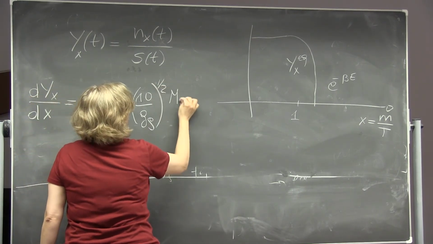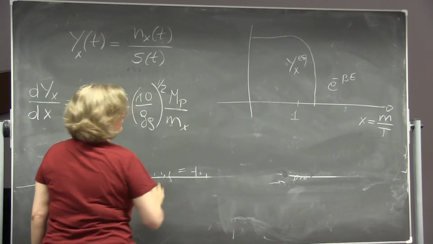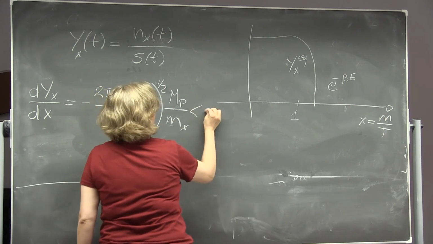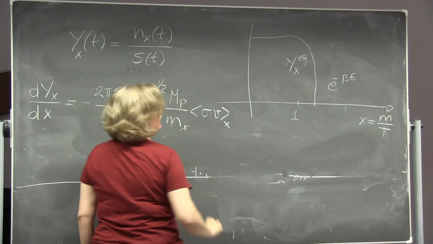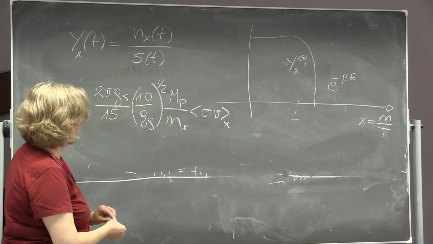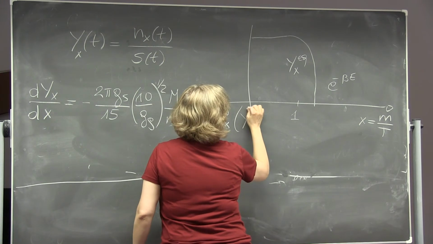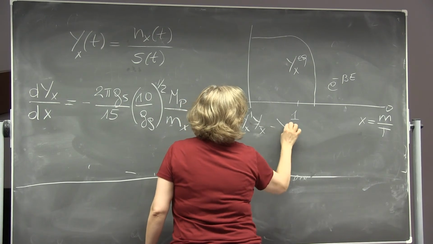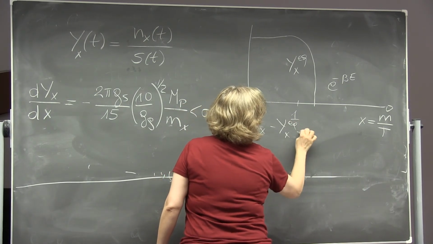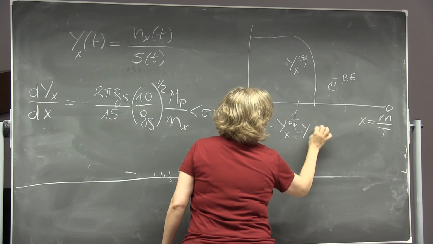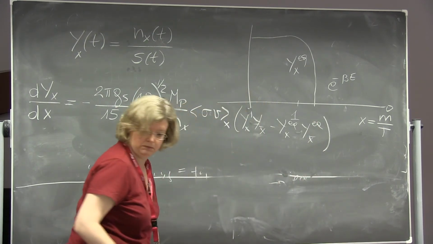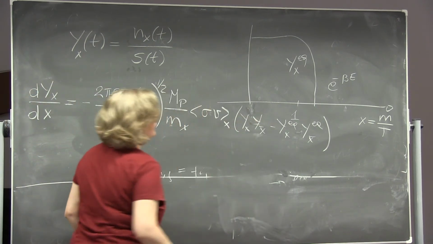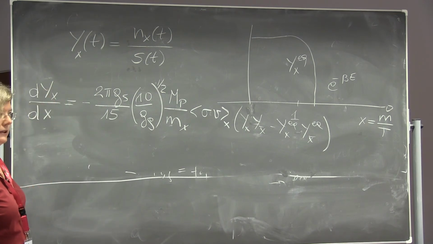You have a Planck scale, which comes also from the Hubble, the mass of the particle. And then you have exactly the average of the cross section, and then you have Y_x squared minus Y_x equilibrium squared. Okay? So this is the form of the equation, and this is a little bit simpler to see the solution.